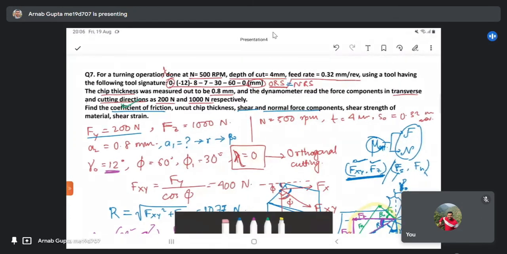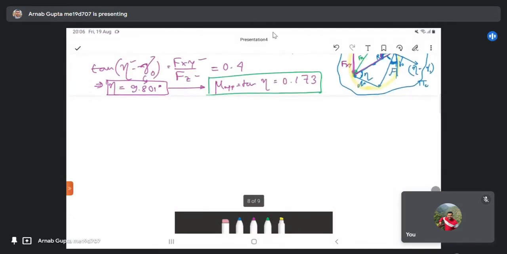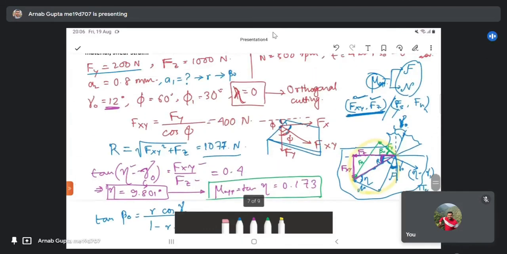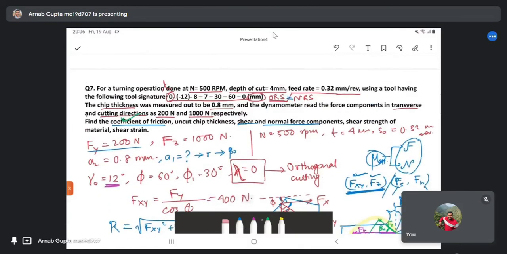Next is uncut chip thickness, A1. You know this particular expression, tan beta naught is equal to... Here you don't know beta naught, but you are given the value of feed rate and depth of cut, and also you know phi.